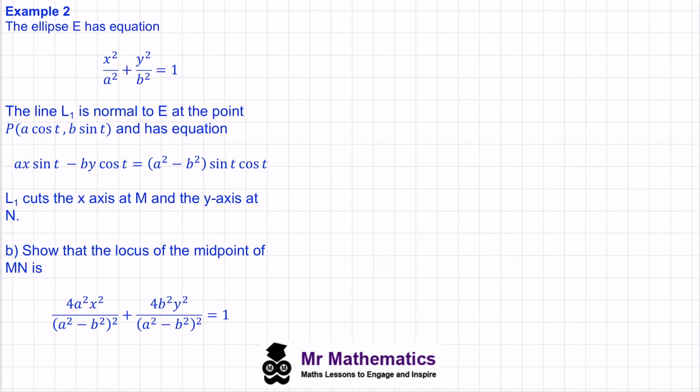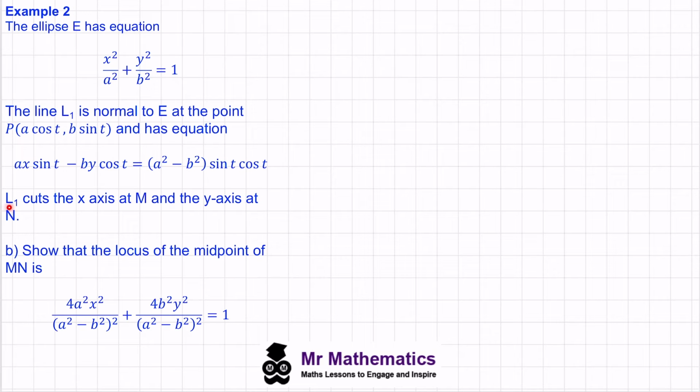So here's the question. We have the ellipse given in its general form. We have the line L1, which is the normal to the ellipse, and it has parametric equations x equals a cos t and y equals b sin t. And the equation of a normal is given. Now, typically in exam questions, you'll have to show this, but for the sake of this example, I'm giving it to you.